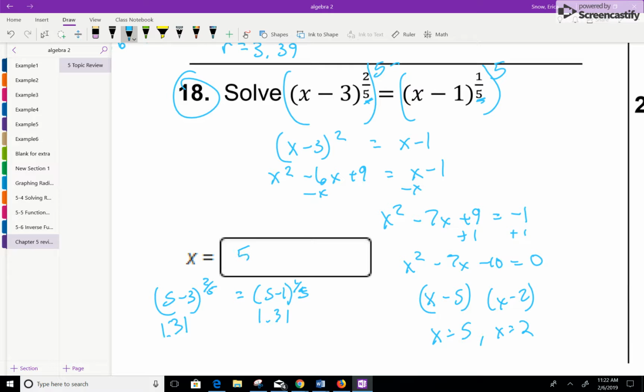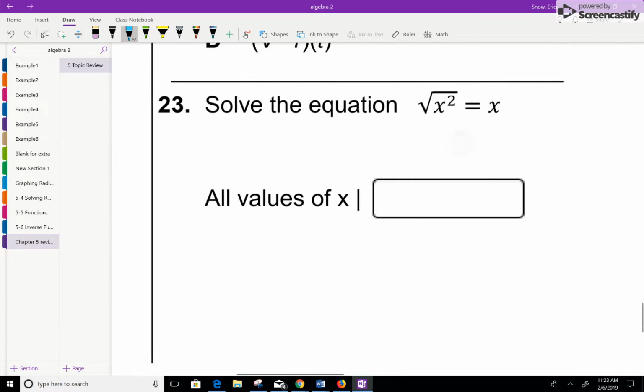So 5 works. Then I need to know if 2 works. So we get 2 minus 3 to the 2/5 equals 2 minus 1 to the 1/5. So I'm going to get negative 1 to the 2/5, and I get negative 1. And then I get 1 to the 3/5, which gives me positive 1. Those are not equal, so 2 does not work.